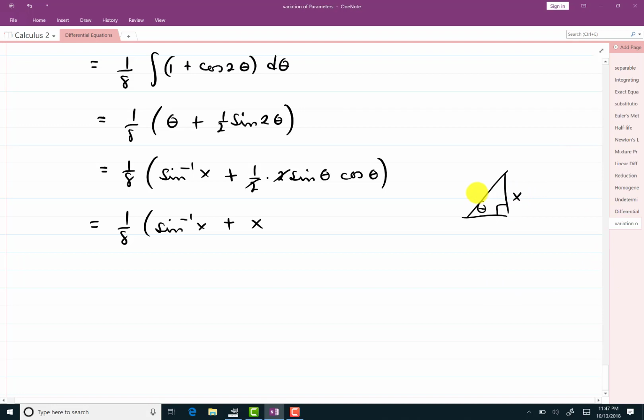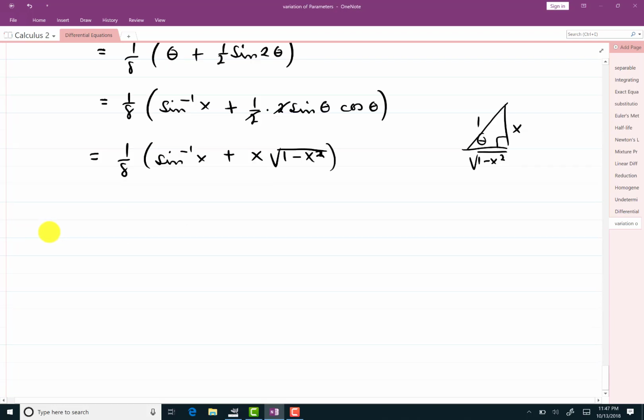So you can do an x here and a 1 here. Well, that will tell you that the other side is the square root of 1 minus x squared. Or you just know the cosine of theta is the square root of 1 minus sine squared, and you'll get this. So there's my u2.